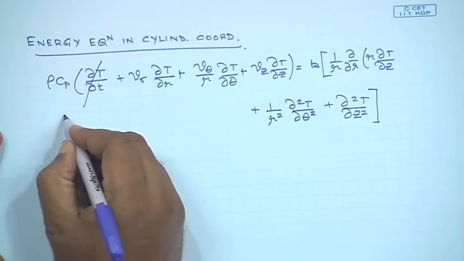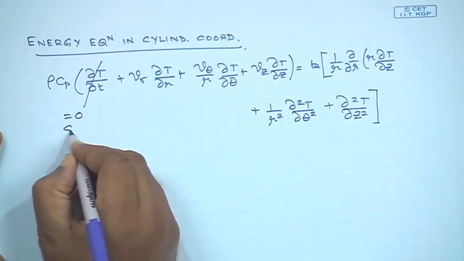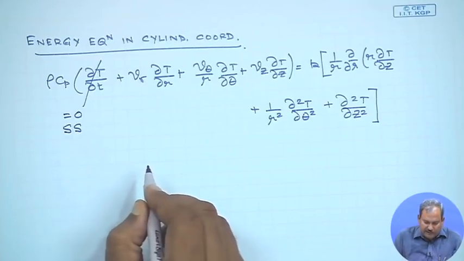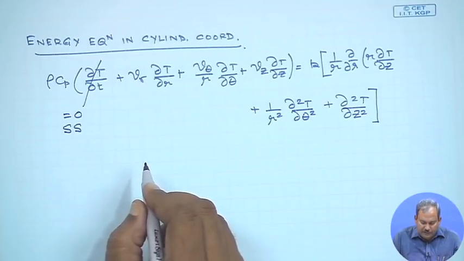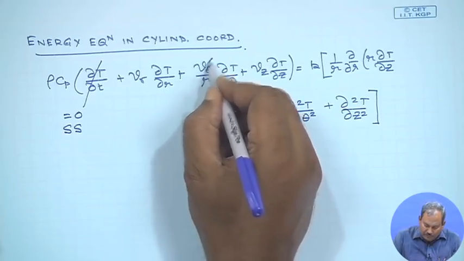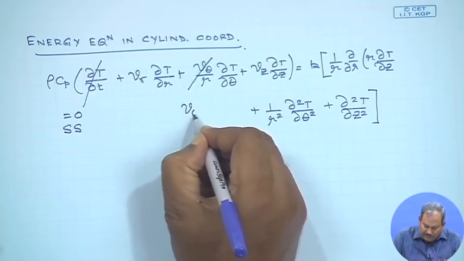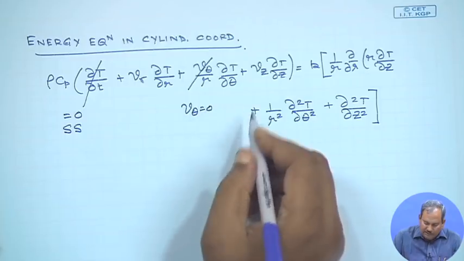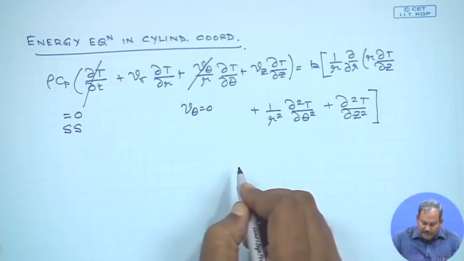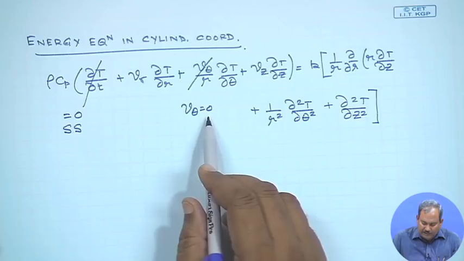The first is I am going to say this is 0 since this is a steady state situation. The second one is we know that V theta is equal to 0. There is no flow in the theta direction.